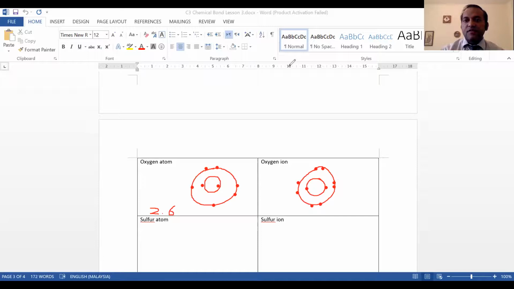Because it has taken 2 electrons, it is going to be 2 minus. So this is the activity for last week's assignment. I hope you were able to do that and complete it.